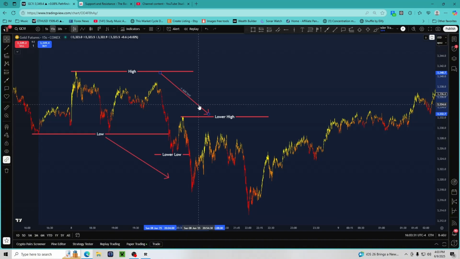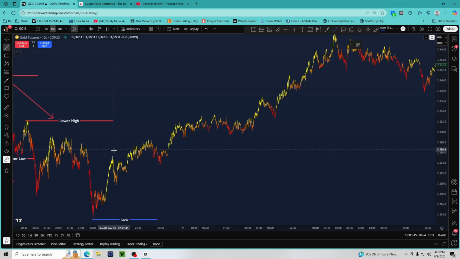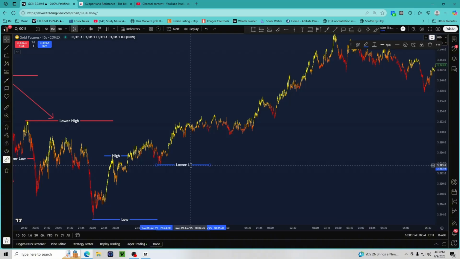Now, on the reverse side, when the market has a low, let's start down here at the bottom. And then the market makes a high. And then the market makes a higher low.